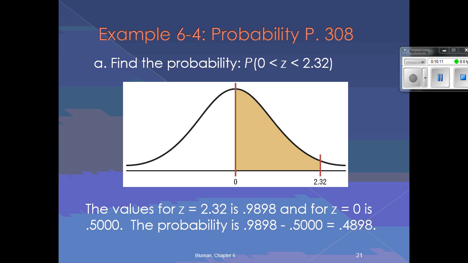Then we look for the 2.32, and that's 0.9898, which is all of this in here. The 0 is 50%, so we subtract that 50%, and that tells us this area right in here is 0.4898.